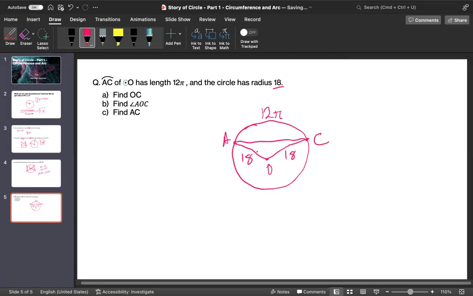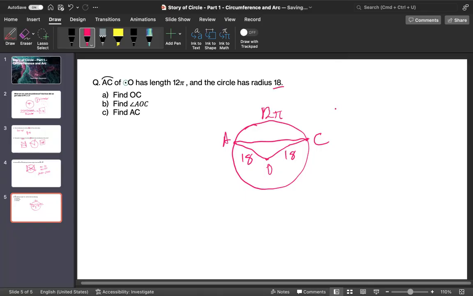Now find AOC. So we're gonna start by finding the circumference and finding out how much of it is 12 pi. To find circumference, we're going to use 2 pi r since we know radius, not the diameter.